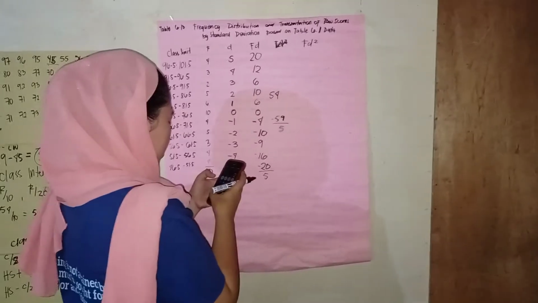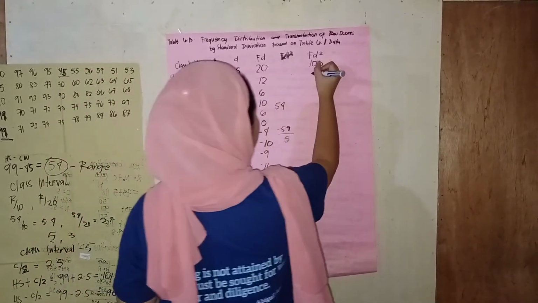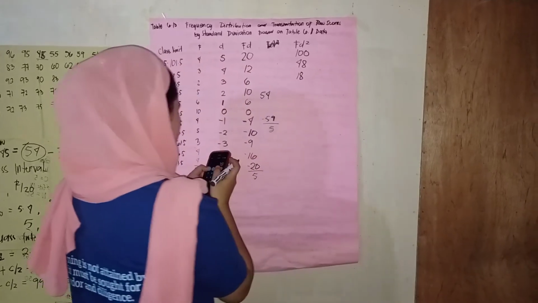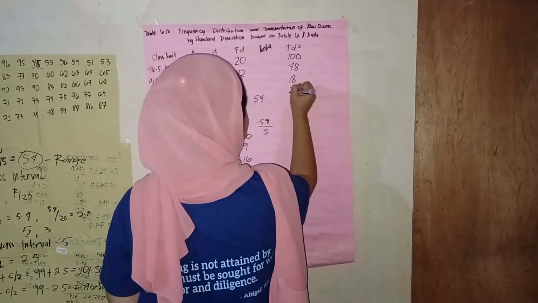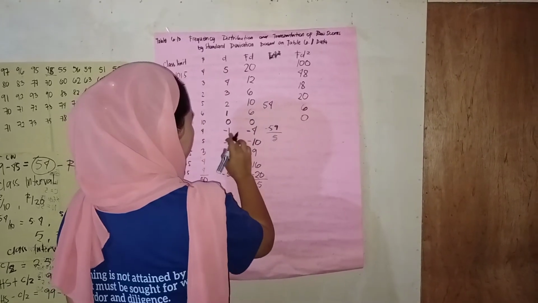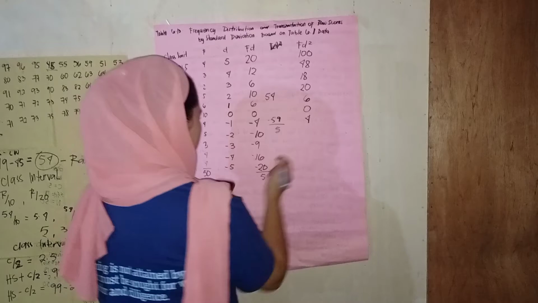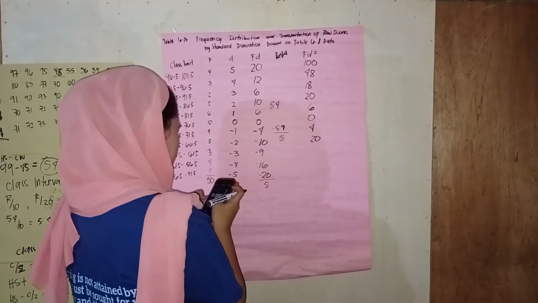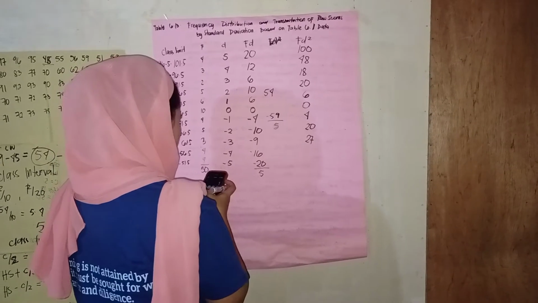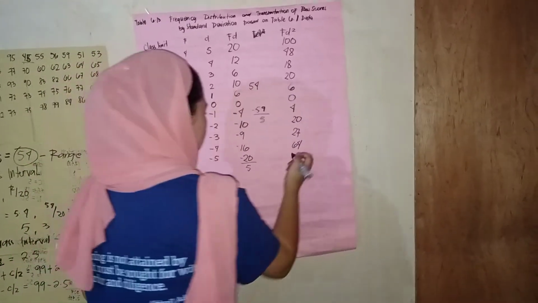So, 5 times 20 equals 100, 4 times 12 equals 48, 3 times 6 equals 18, 2 times 10 equals 20, 1 times 6 equals 6, 0 times 0 equals 0, negative 1 times negative 4 equals 4, negative 2 times negative 10 equals 20, negative 3 times negative 9 equals 27, negative 4 times negative 16 equals 64, and negative 5 times negative 20 equals 100.